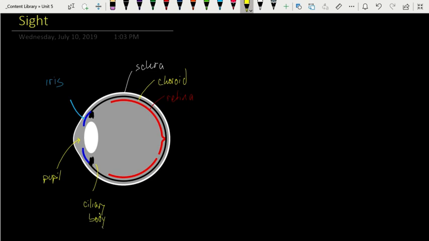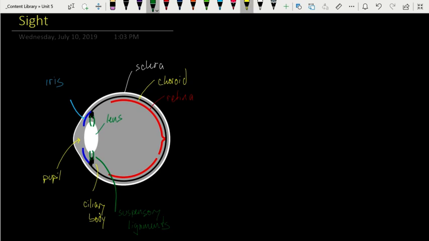And it houses the suspensory ligaments. The suspensory ligaments are what hold the lens in place. And the muscles within the ciliary body are responsible for either tightening the suspensory ligaments or loosening the suspensory ligaments.